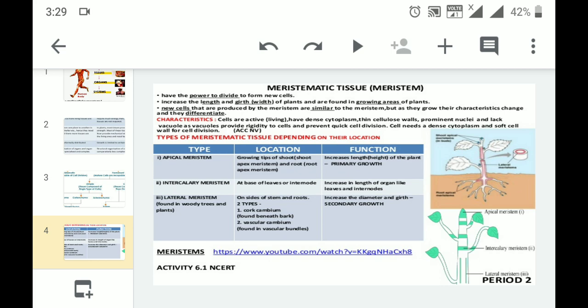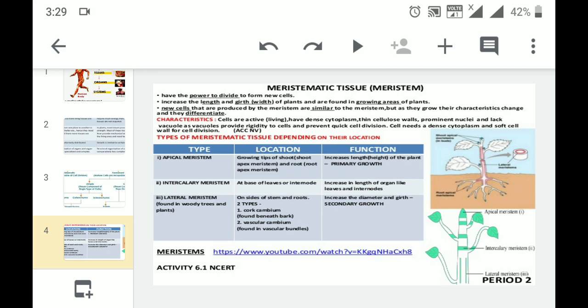A cell needs a dense cytoplasm and a soft cell wall for cell division. Now, in case of types of meristematic tissues, there are apical meristem, intercalary meristem, and lateral meristem.